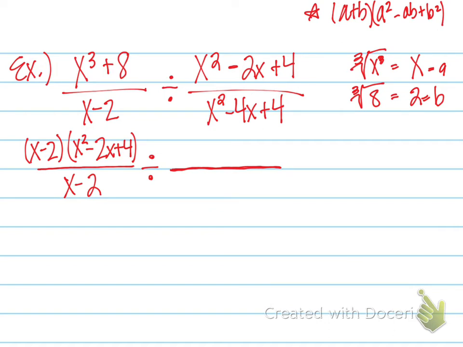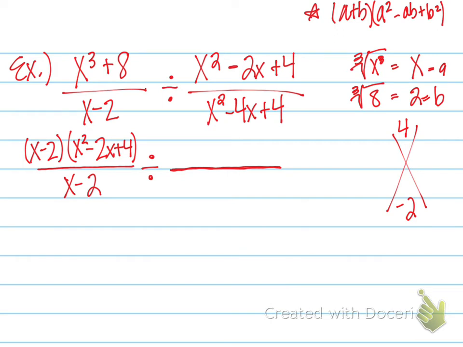Now, we're going to try to simplify the numerator on the second fraction. I've got a negative 2 in the middle and a 4 at the end. Is there anything that adds to negative 2 but multiplies to 4? I can't think of anything.